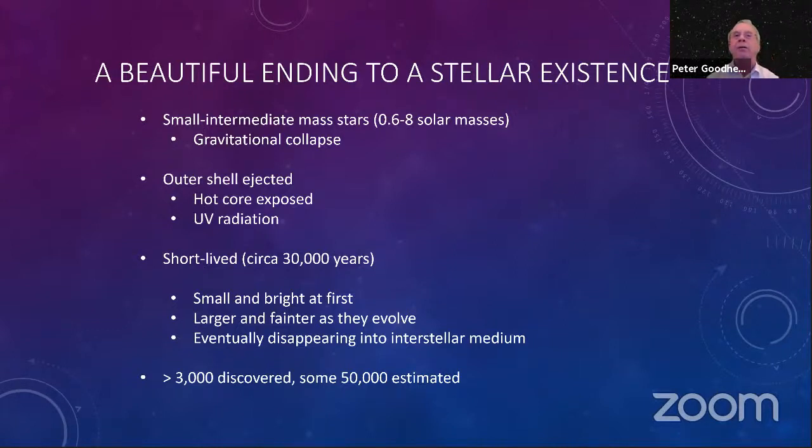They get larger and fainter as they evolve, as the shell moves out from the core and dissipates, it gets more diffuse, but also as the distance increases, it gets less UV radiation from that central core. So they get fainter and fainter until eventually they disappear into the interstellar medium and just become another contribution to stardust.